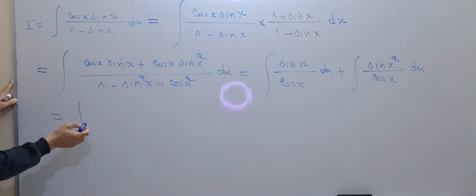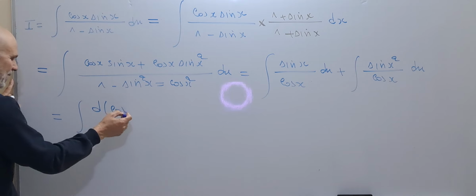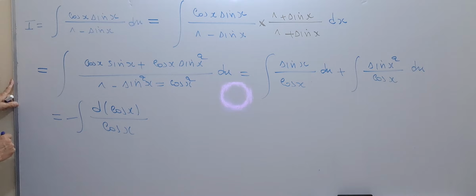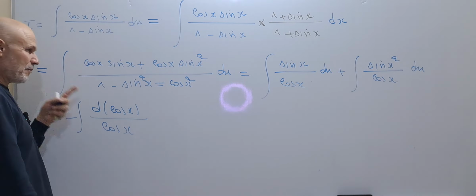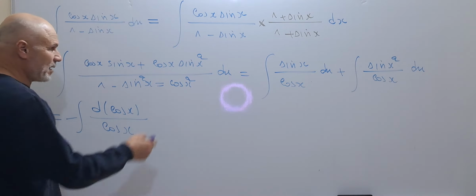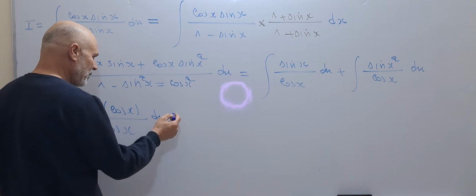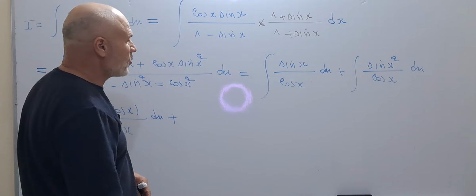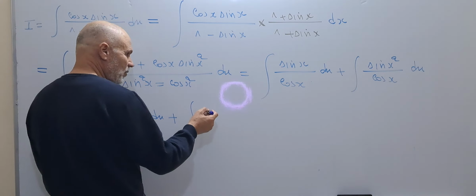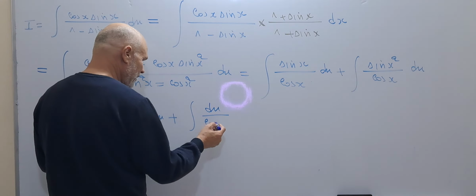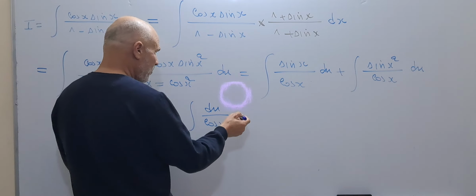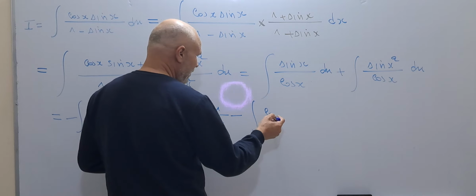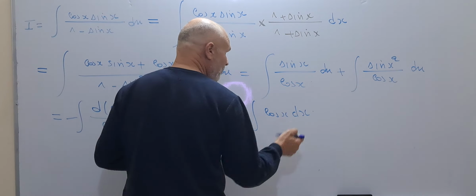This is equal to d cosine x over cosine x with minus, because the derivative of cosine is minus sine, and we have here minus the first one dx plus sine square is 1 minus cosine square, so this is the integral of dx over cosine x minus the integral of cosine x dx.